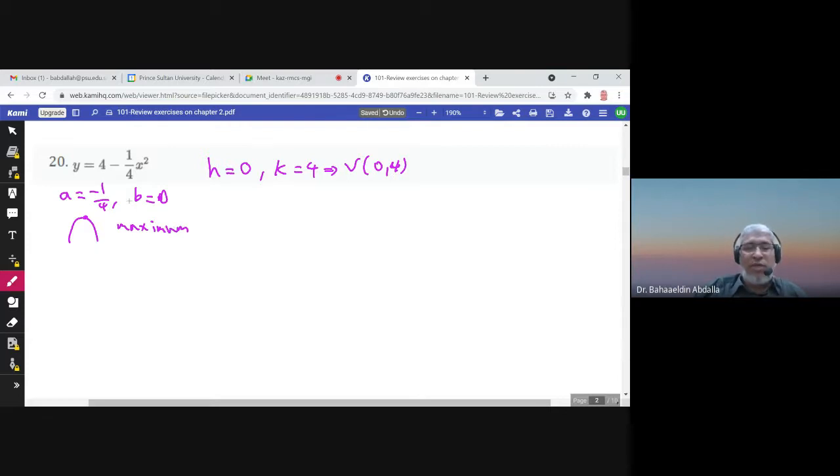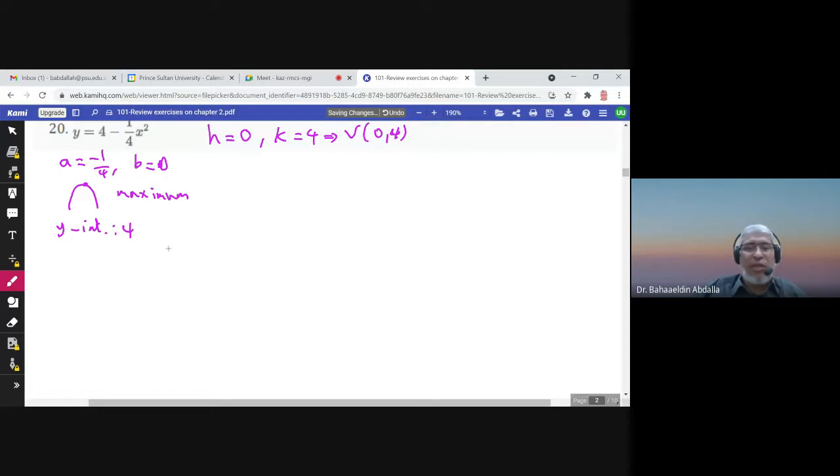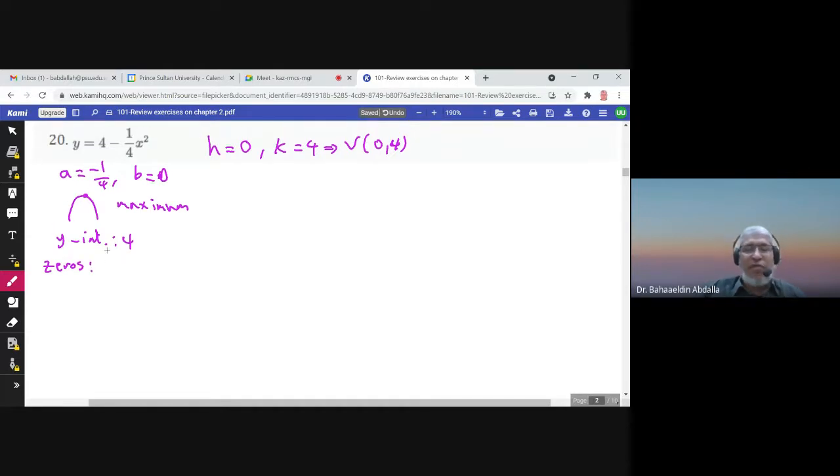The y-intercept, if you put x equals 0, so the y-intercept is 4, the vertex actually. The zeros or the x-intercepts, I put y equals 0. So I have 4 minus 1 over 4 x squared equals 0. I have only x squared in this equation and a number, so I'll use the square root property.